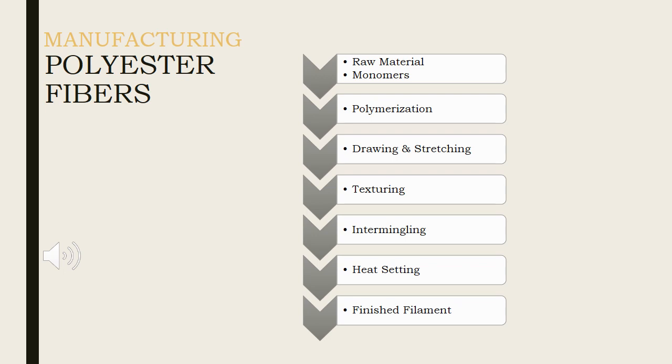Then in heat setting, the honey-like substance prepared in the previous step is extruded through a spinneret to create fibers. In most applications, polyester fibers are spun into yarn before they are dyed or subjected to other post-production processes.